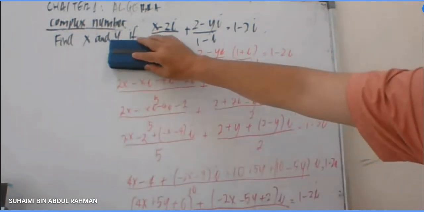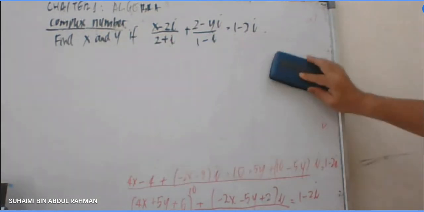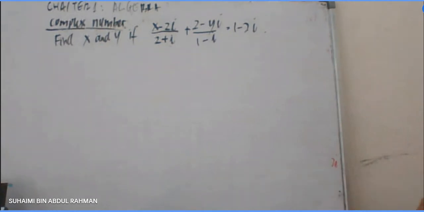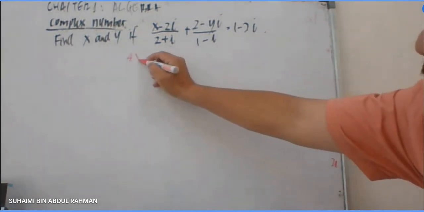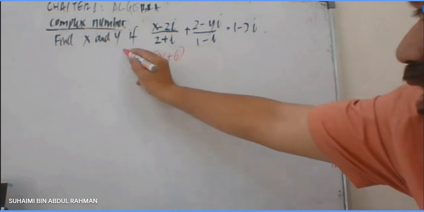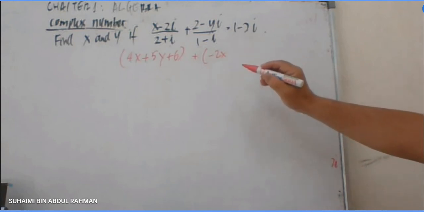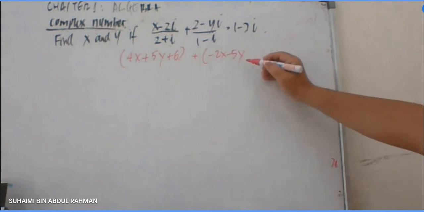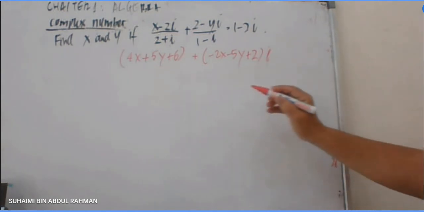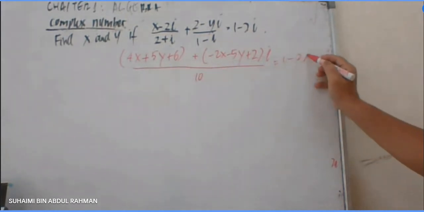So before we have for x plus 5y plus 6, this is the last one, plus minus 2x minus 5y plus 2i, over 10, equal to 1 minus 2i.